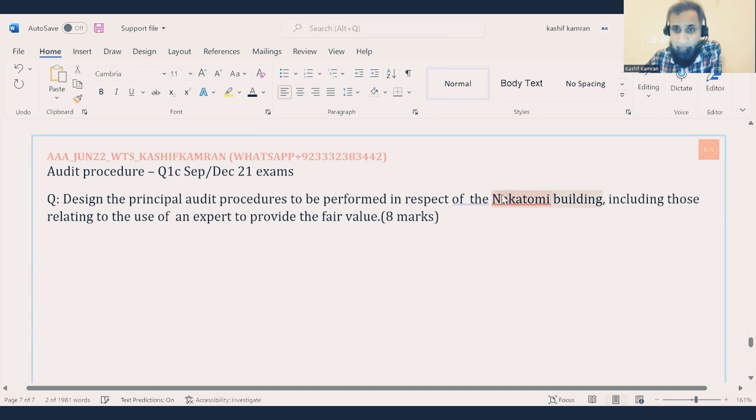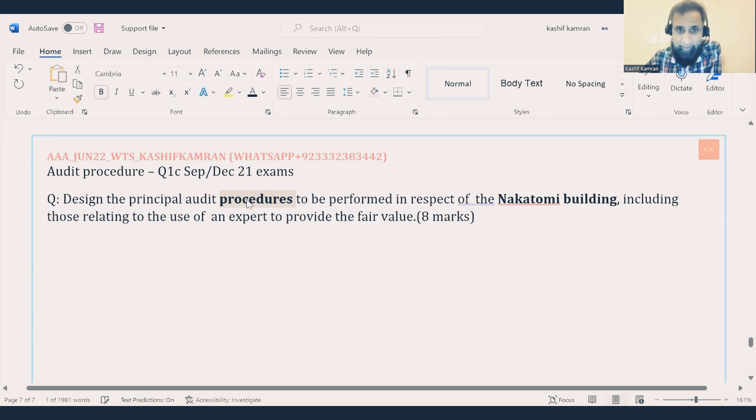So we have to perform procedures on the Nakatomi building, including those relating to the use of an expert. So we are not just writing procedures on the Nakatomi building, but we have to write procedures even on the use of an expert as well.